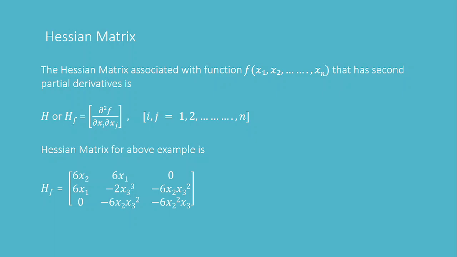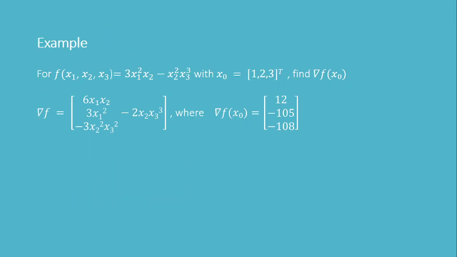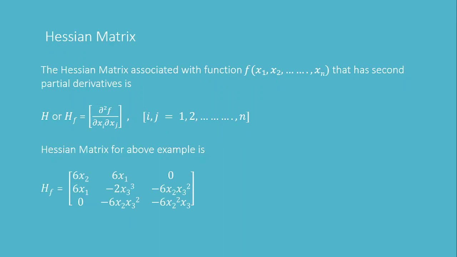So the Hessian matrix for the example given on the previous slide is given by this. Since we have three variables, we'll get a 3 by 3 matrix.